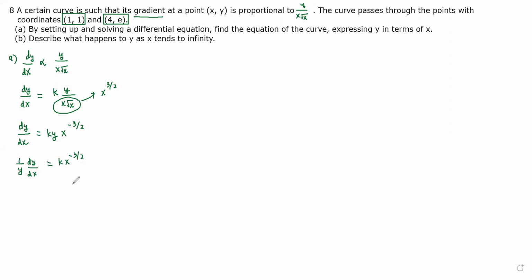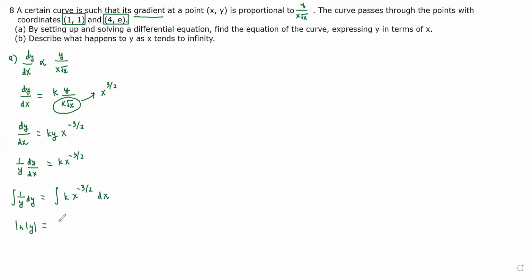Integrating both sides with respect to x, we have 1 over y dy on the left, and on the right we integrate k x to the negative 3 over 2 with respect to x. The integral of 1 over y with respect to y is ln of the modulus of y.